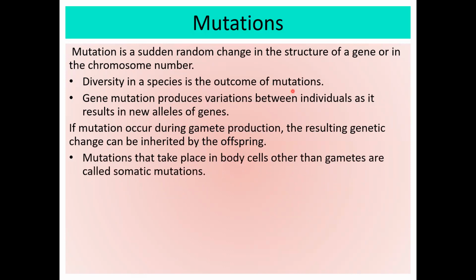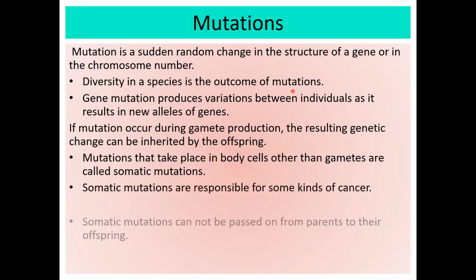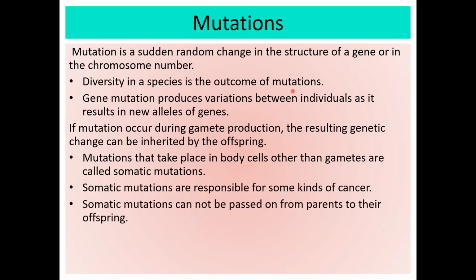Okay, so there are two types of mutation: those involving the genes and those involving the chromosomes. On the basis of the type of cell in which the mutation is happening, either somatic, or your body cells, they are going to face the mutation, or the gametes are going to face the mutation.